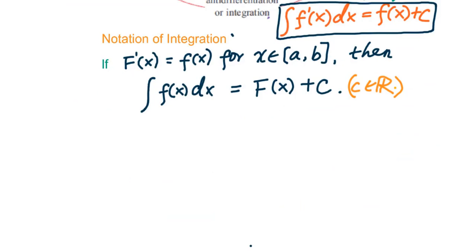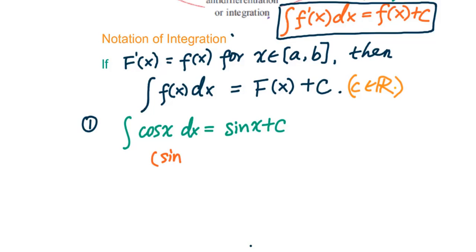Using the same method, we can figure out the following integrals. Integral of cosine x dx: you will get sine x plus c, because the derivative of sine x equals cosine x.